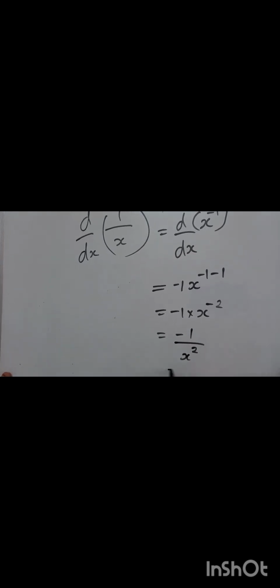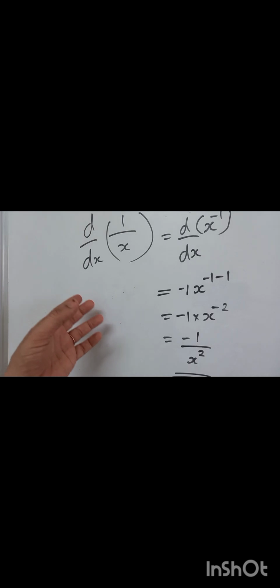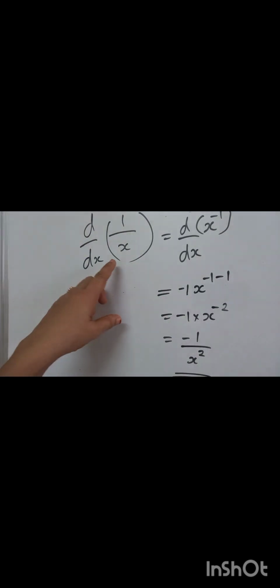So the answer will be minus 1 by x to the power 2. Okay, derivative of 1 by x is minus 1 by x square. And this also is good if you learn it by heart. Otherwise in problems you might need to do all these steps. Instead of that you can directly write that the derivative of 1 by x is negative 1 by x square.